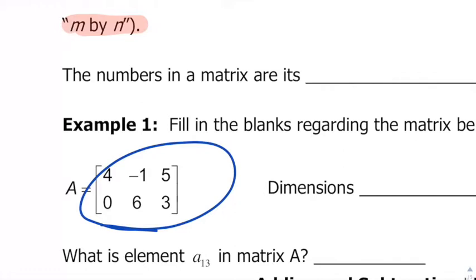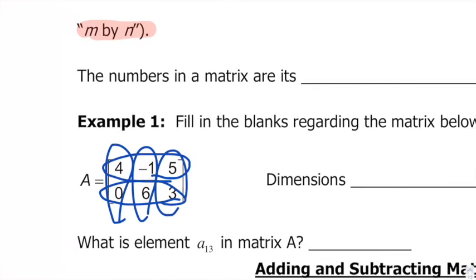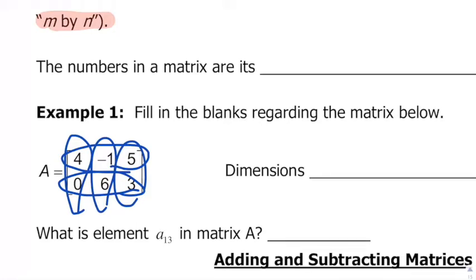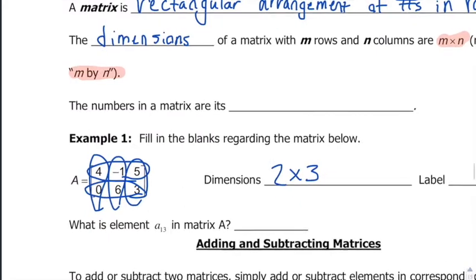So if you look, you have 2 rows and 3 columns. You would say the dimensions are 2 rows by 3 columns, so it's a 2 by 3 matrix. Usually I'm going to say 2 by 3, 10 by 10, 12 by 7 or something like that. Those are your different dimensions.